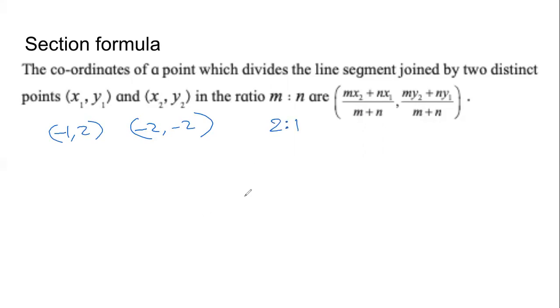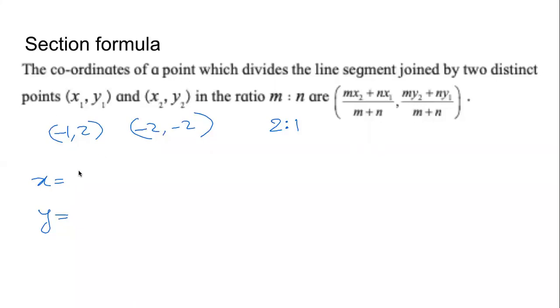Then find out the coordinates of the point which is dividing this line segment. What is x coordinate and what is y coordinate? Using the section formula directly, in this question, we know x2, y2, we know x1, y1. We also know m and n.